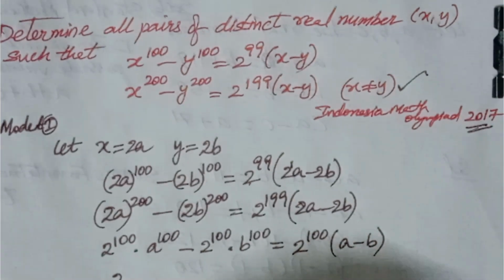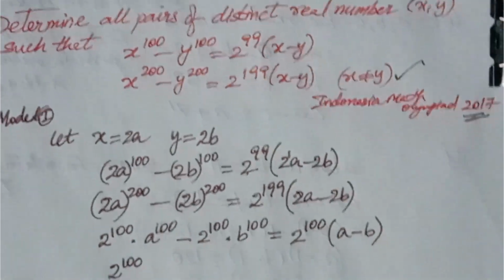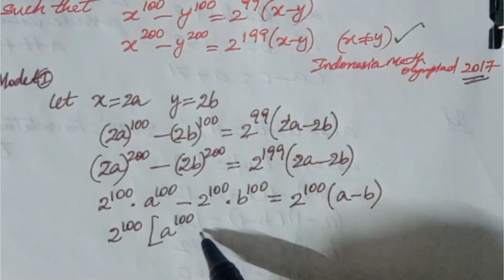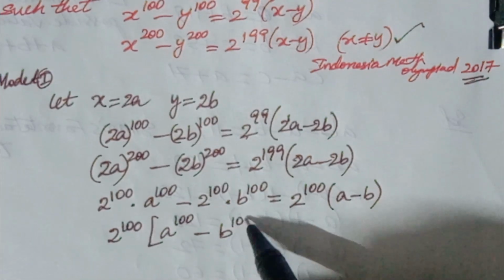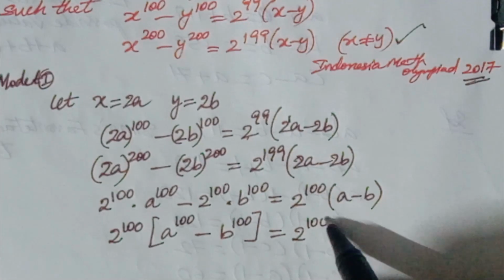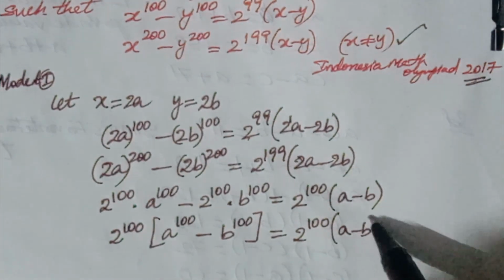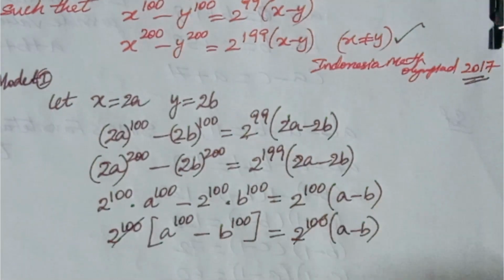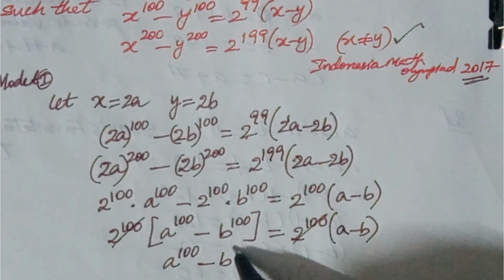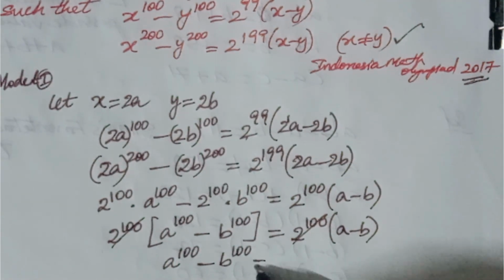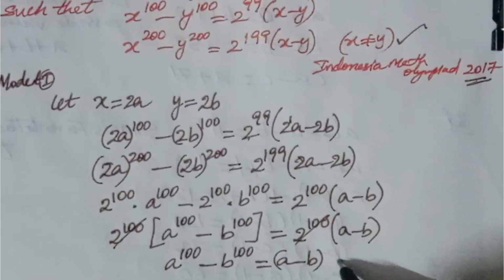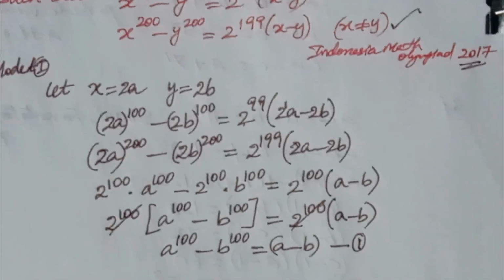So if you take 2 power 100 common, we get a to the power of 100 minus b to the power of 100 is equal to 2 power 100 into (a minus b). So 2 power 100 you can cancel. So a to the power of 100 minus b to the power of 100 is equal to a minus b. Let us take it as the first equation.